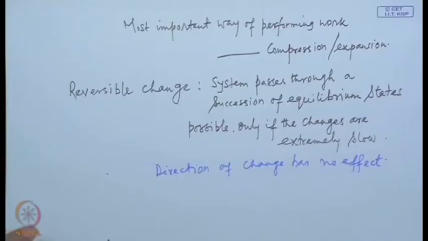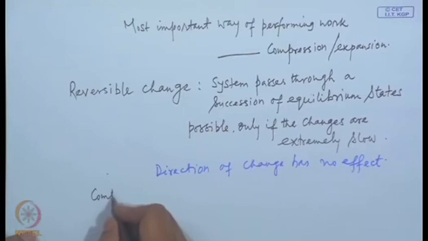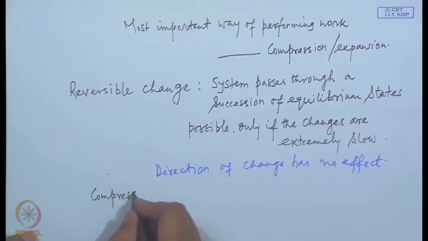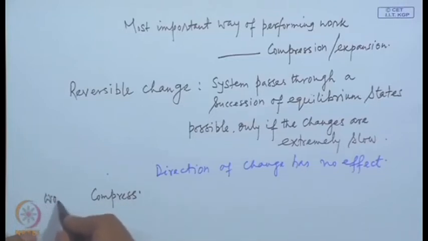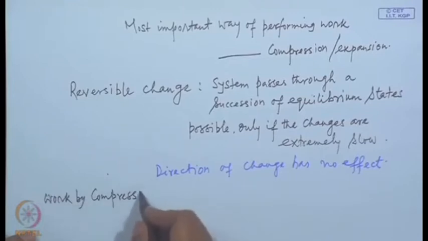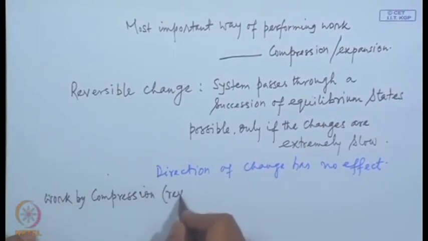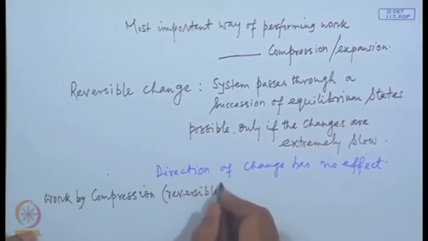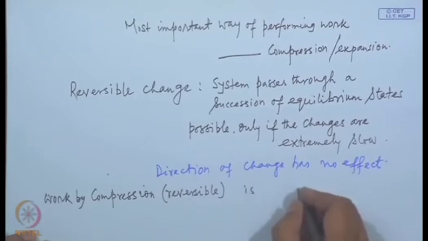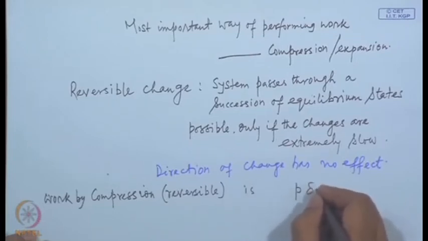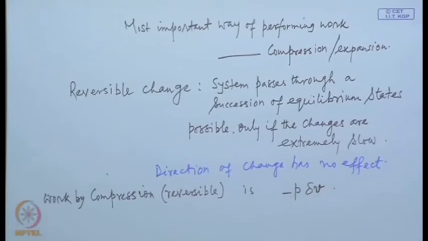So the work by reversible compression is P delta V, and since the volume is decreasing, this is P delta V.